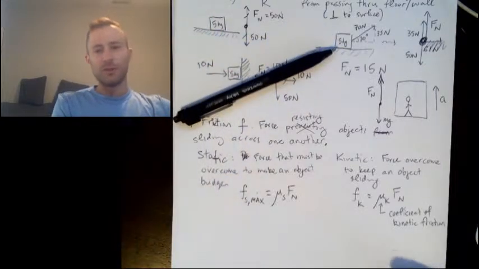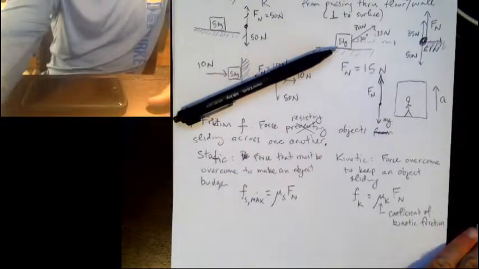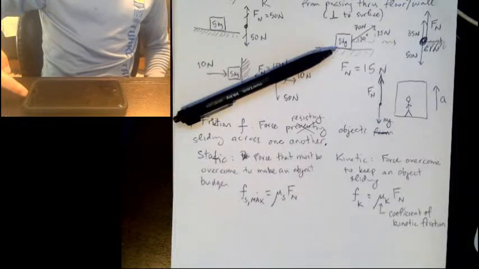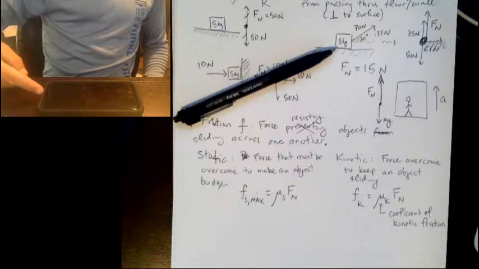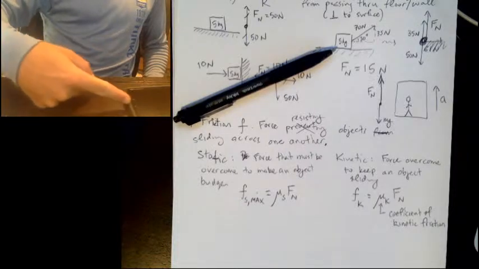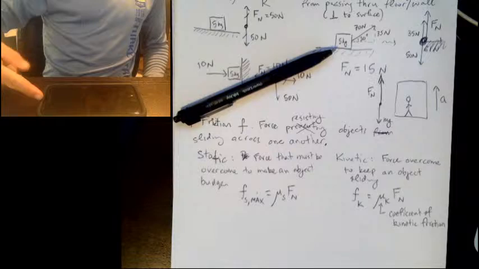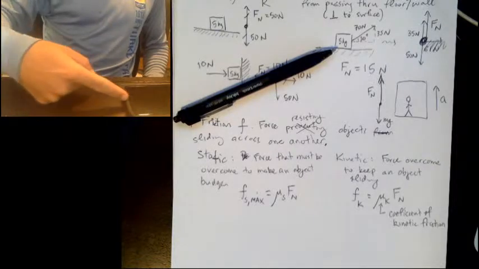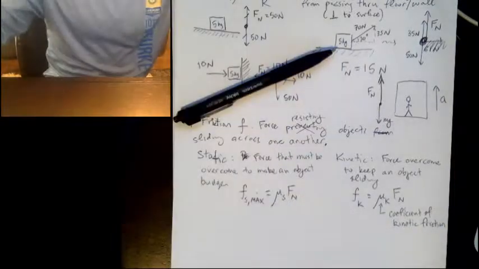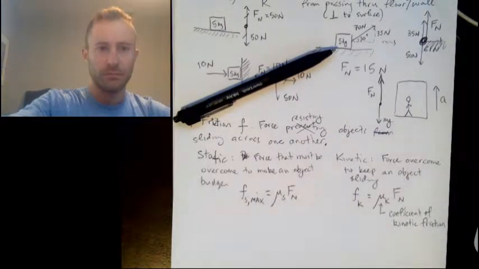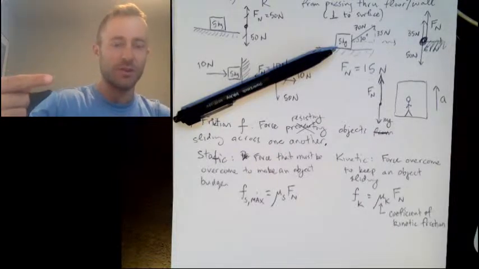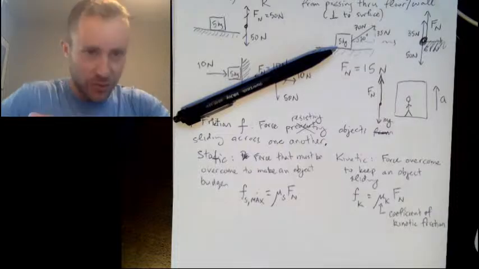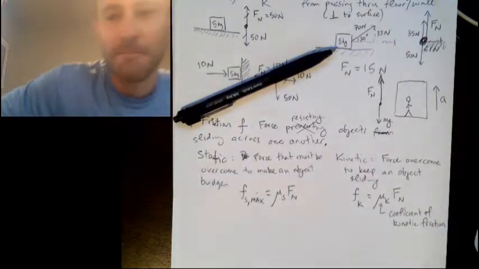What is typically observed is that the force required to start something moving is more than the force required to keep it moving. You might notice this. If you try to push something, once you get it moving, it jumps, and then it starts to slide evenly because you overcame static friction, which was greater than kinetic friction. So once it starts to move, it budges suddenly and it accelerates forward. Okay?